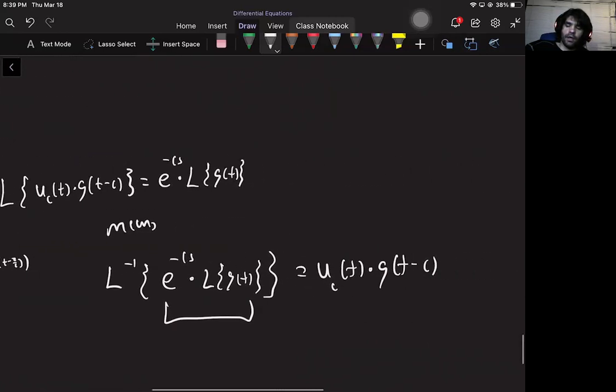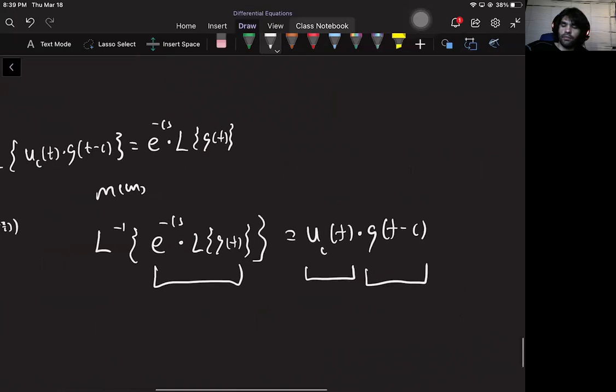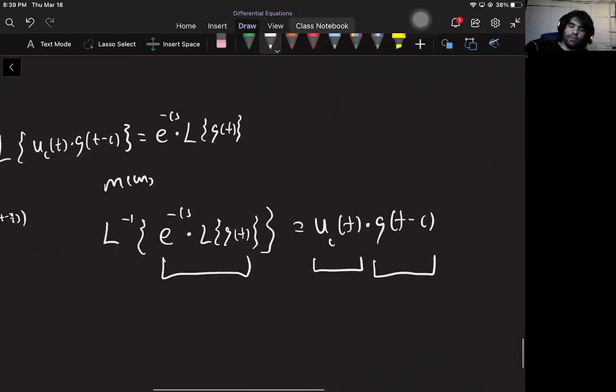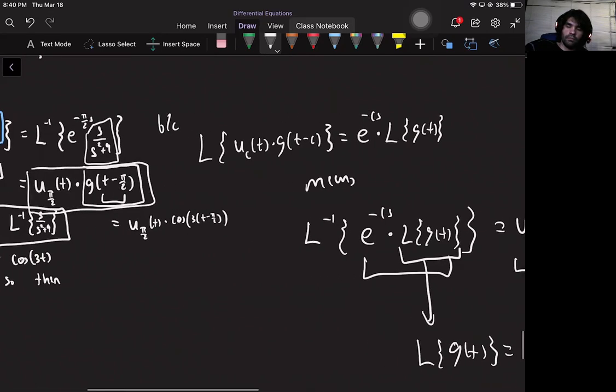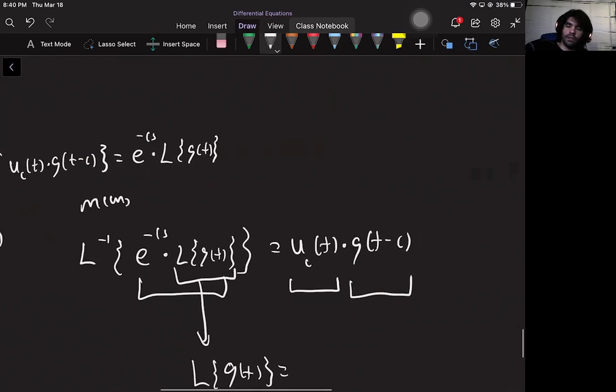And we're saying, okay, I automatically know according to this formula that it looks like that times some g of t minus c, where this piece is this other stuff that's next to the e.